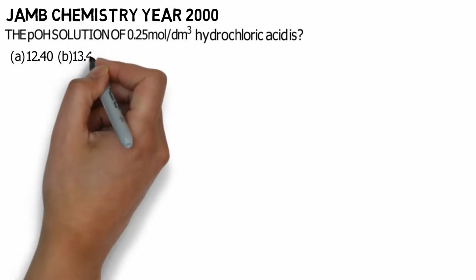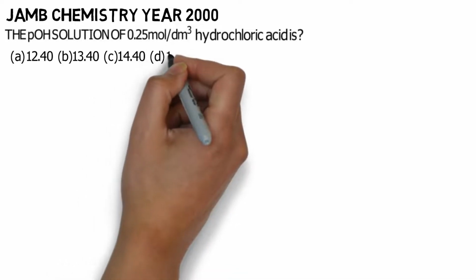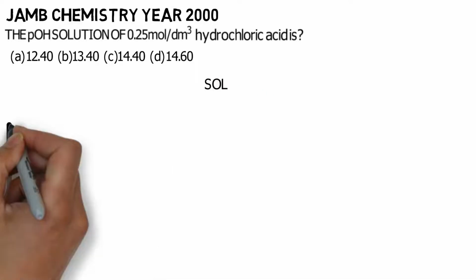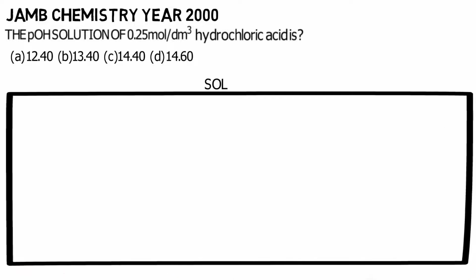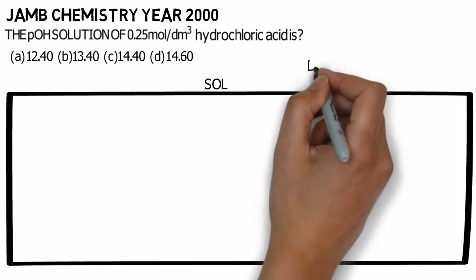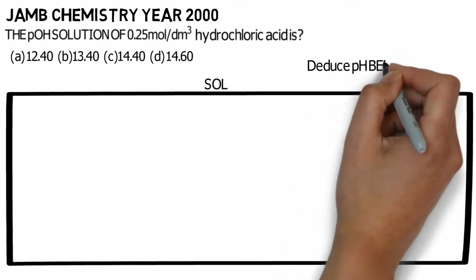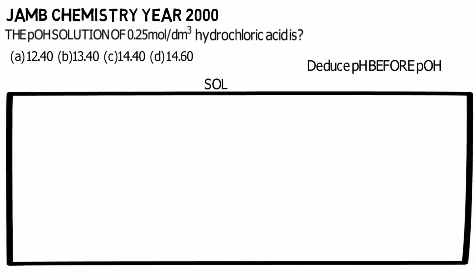Looking at the options: A 12.40, B 13.40, C 14.40, and D 14.60. In this question we are asked to find the pOH. So we'll first need to deduce the pH before we can deduce the pOH.